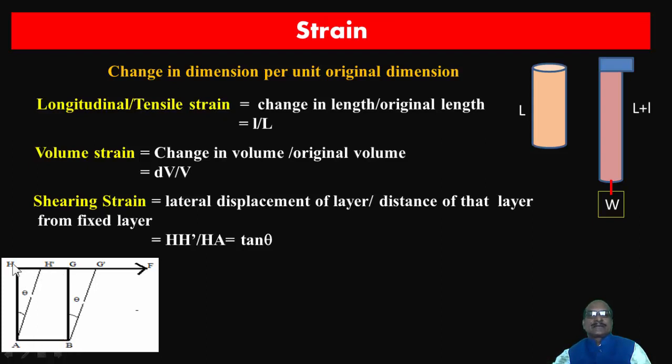Therefore, the shearing strain is equal to HH dash upon HE, and that is, from the figure, equal to tan theta. Or if theta is small, then the shearing strain is the angle through which the layer gets shifted, that is theta.